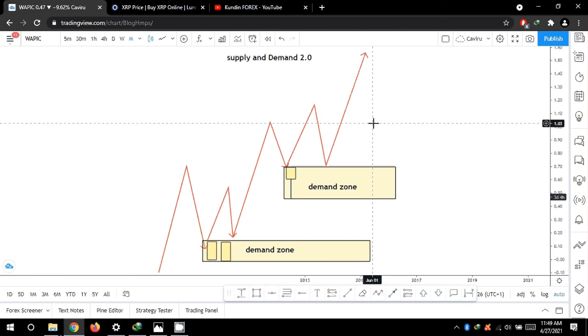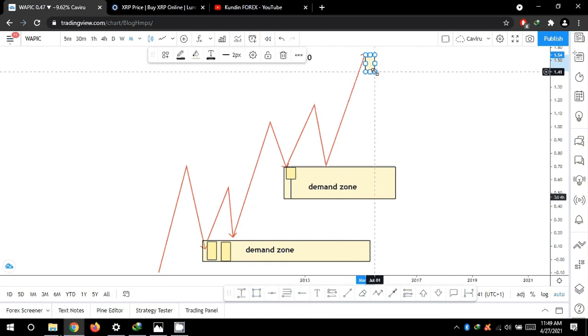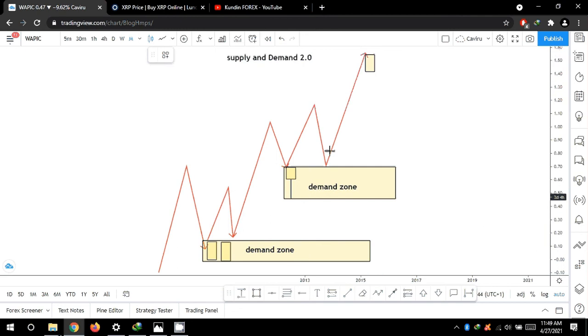I'm not saying that supply and demand will not be available in the market. No, it's going to happen. That's what is always happening in the market. That's why the battle is. Let me give you another example with a supply zone in the market, with our example of demand and supply. I think most people will appreciate that.